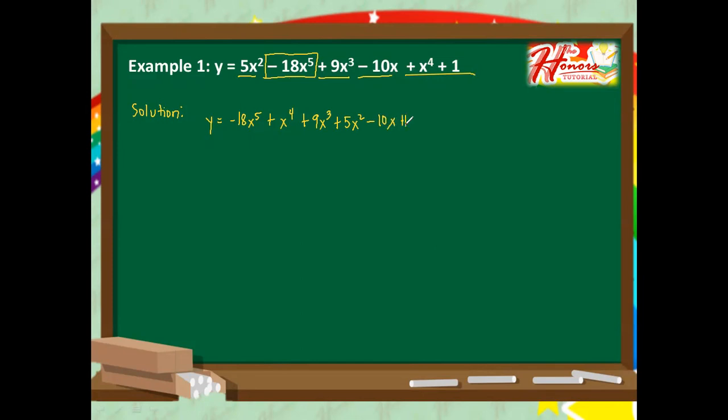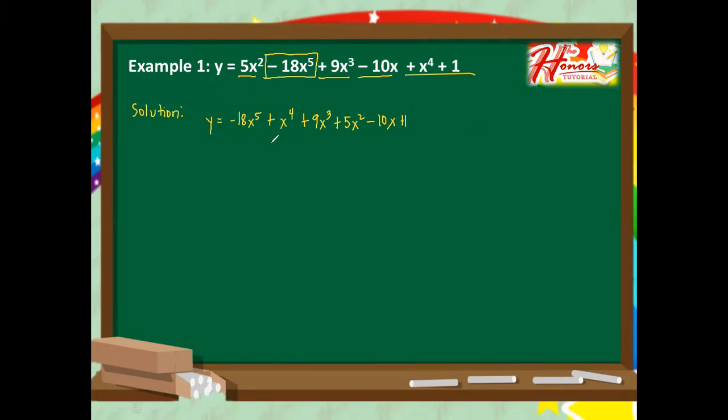So plus 1. As you can see here, our first term contains a negative number. In standard form, we don't want that. So therefore, this is what we are going to do. We have to multiply this to negative 1.